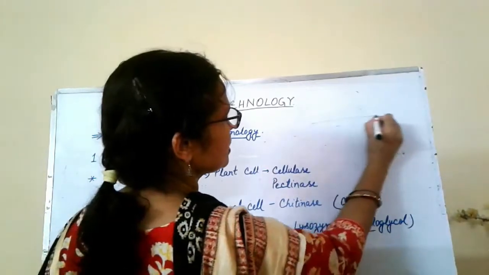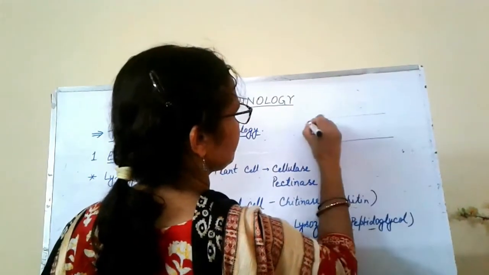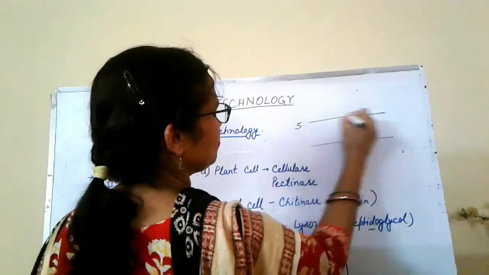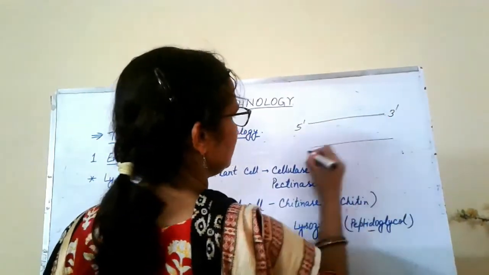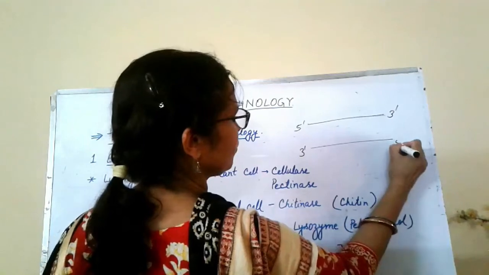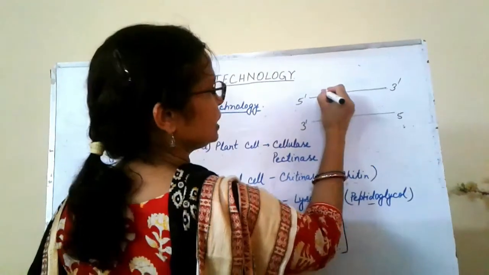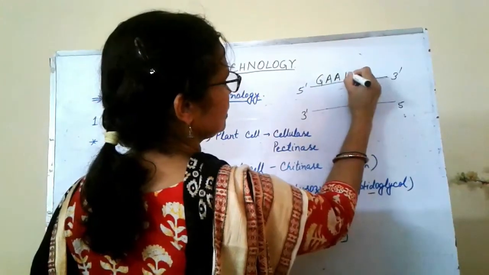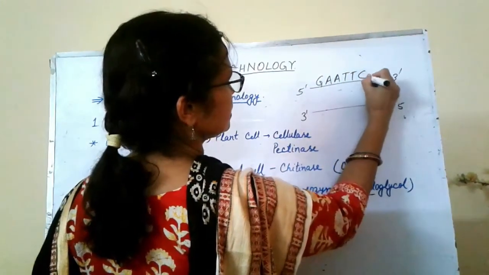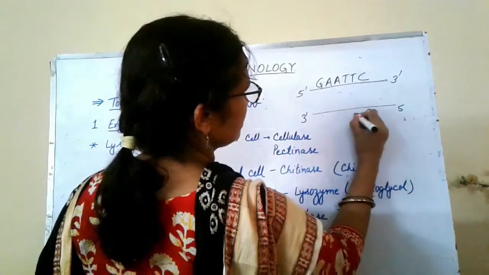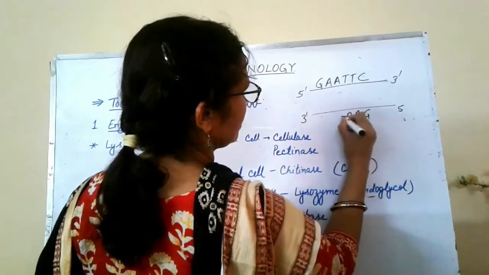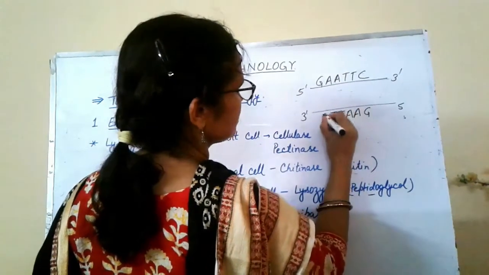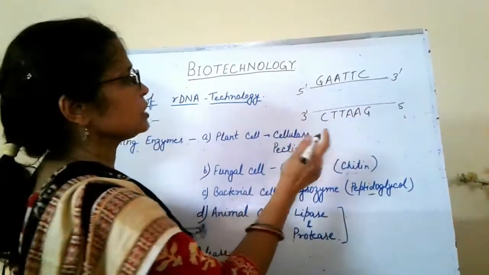For example, this is a double-stranded DNA. This is 5 prime and 3 prime, this is 3 prime and 5 prime, and the nucleotides here are G, A, T, T, C. Here G, A, T, T, C. These are complementary to each other.